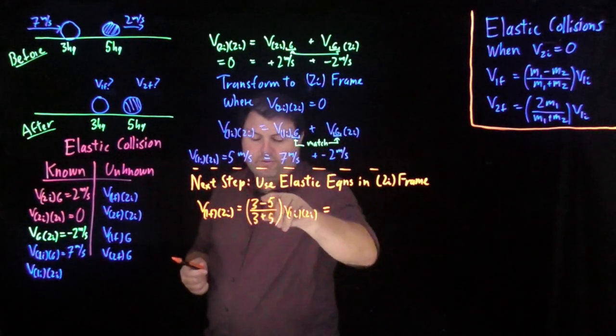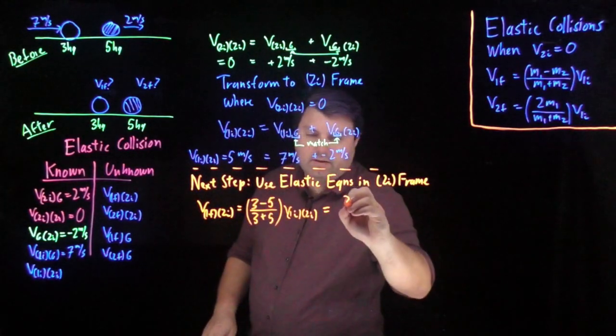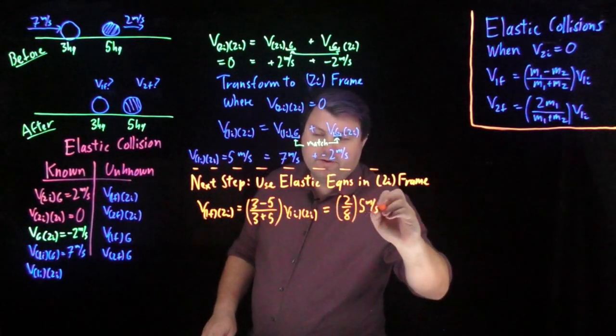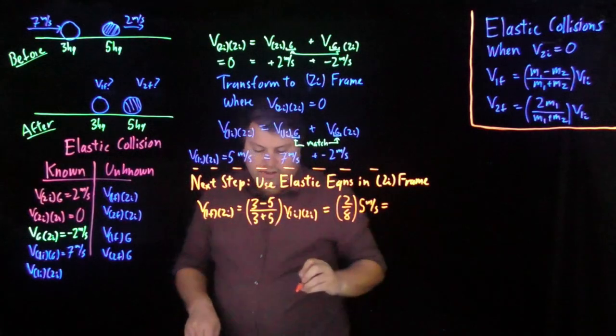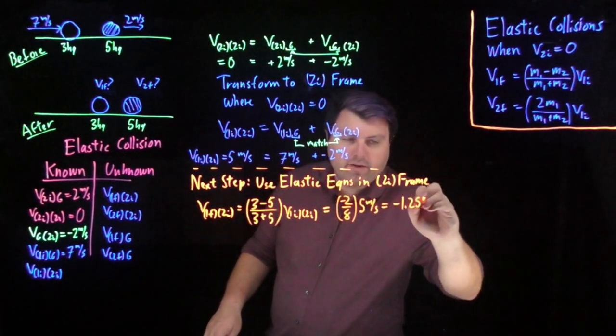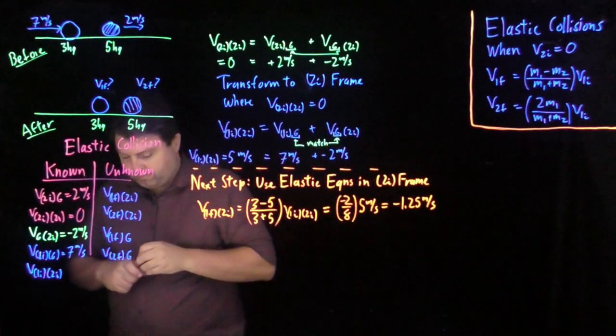So this is negative 2 divided by 8 times my 5 meters per second. And so I get negative 1.25 meters per second.